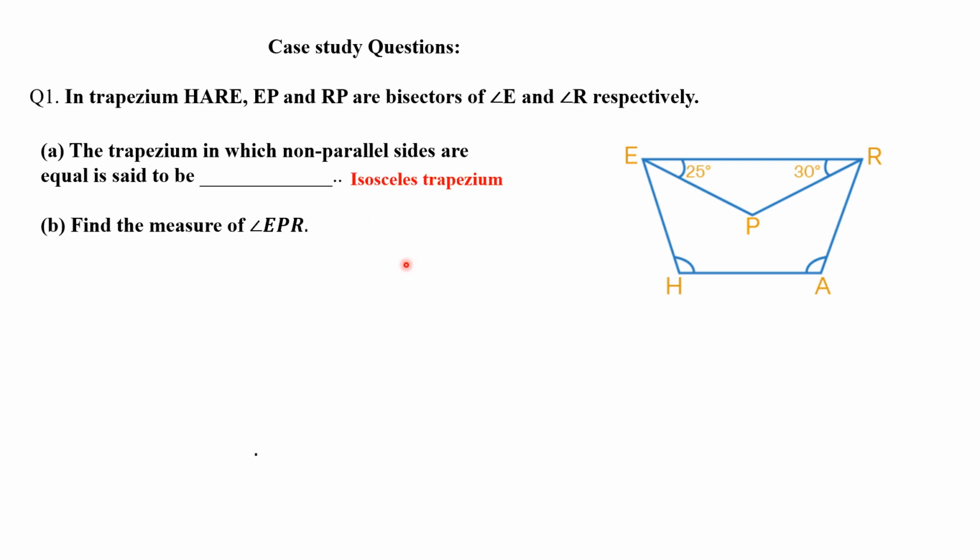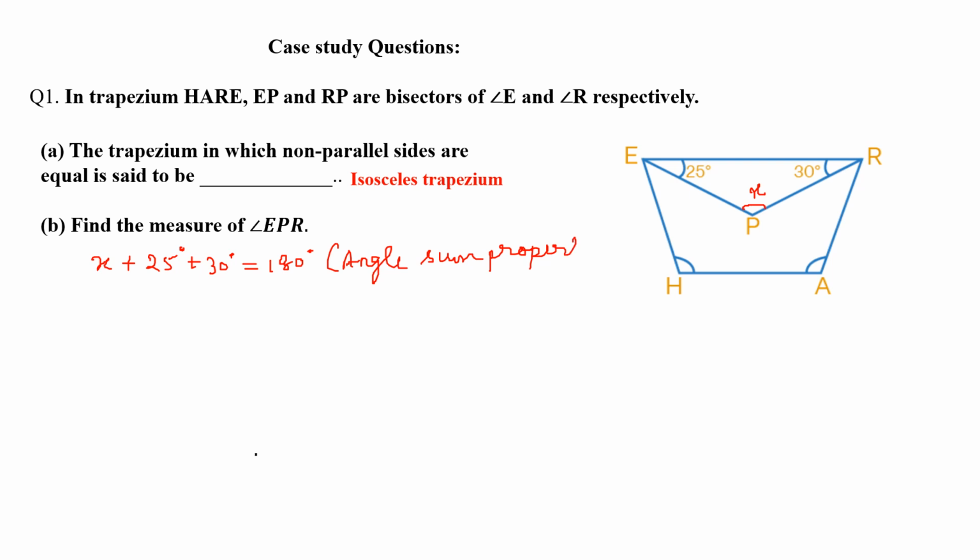Now part B: find the measure of angle EPR. I have to find this measure, so I will assume this angle as X. In triangle EPR, X plus 25 degrees plus 30 degrees gives 180 degrees, and the reason is the angle sum property of a triangle.